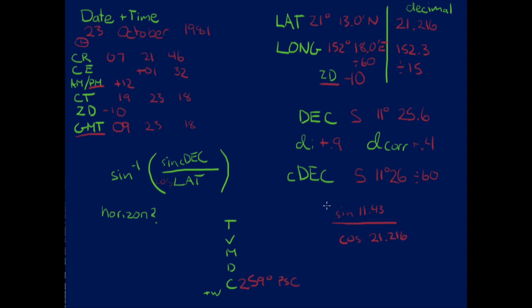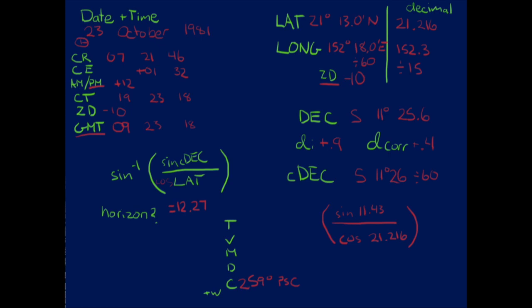Okay, and then we're going to get the sine to the -1 of this whole thing. All of this is going to equal out to be 12.27. Now horizon, question mark.